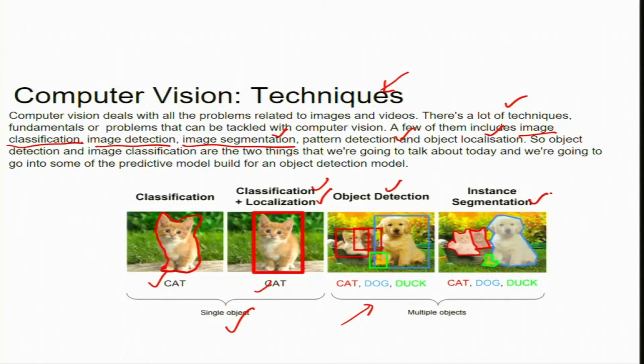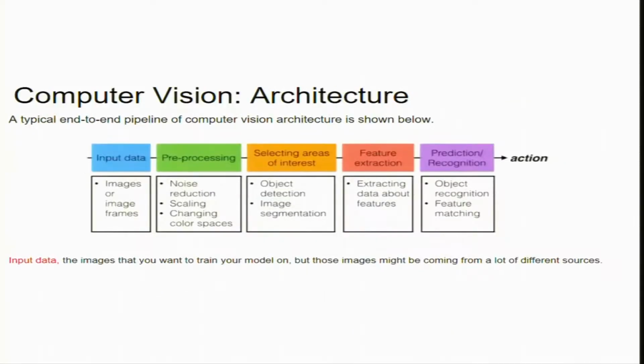Object segmentation instances are also shown here. For object detection you have to segment the images, as I told you, because there are different objects, so they are all segmented here in this case. Whether it is a single object or multiple objects, all these object detection techniques will be able to handle that. So these are the techniques which are very much needed to build a computer vision application.